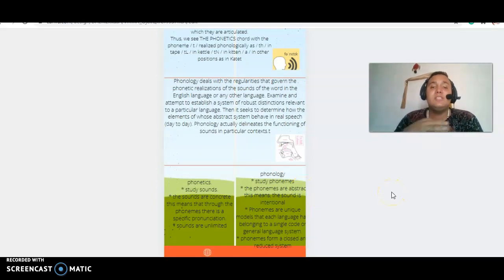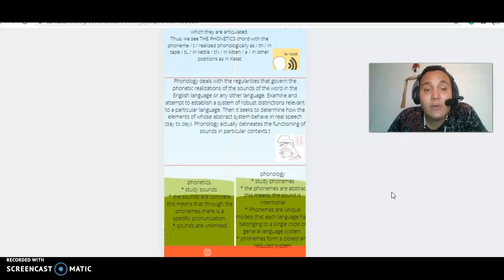Phonology deals with the regulation and the governing of the phonetic relation of the sounds, the words in the English language or another language. Remember the phonetics of phonology. That topic is not just in English, because we need to learn phonology and phonetics also in French, Portuguese, Spanish, Chinese, whatever it is.